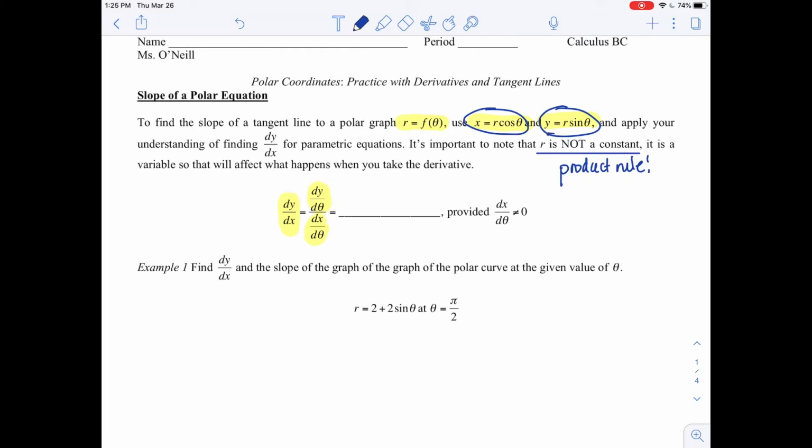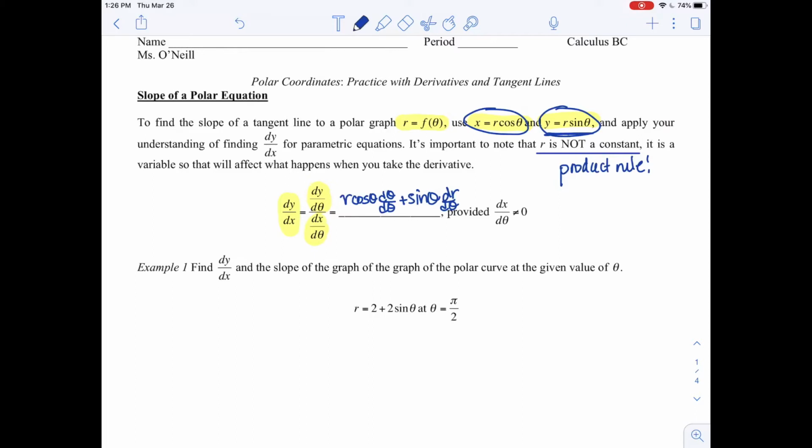Product rule is first times derivative of the second plus second times derivative of the first. I'm going to start with doing dy d theta, between r and sine theta. r is the first. The derivative of sine is cosine of theta, d theta. Then plus the second, which is the sine of theta, times the derivative of the first, which is dr d theta.